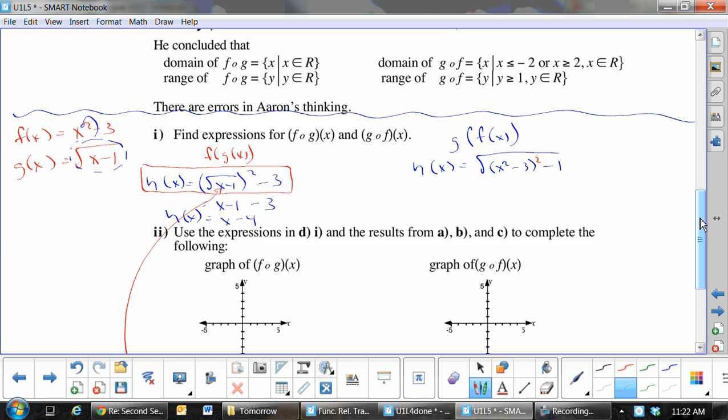And please don't distribute this. Don't make that x to the 4th minus 9 or plus 9. You can't do that. That would be x squared minus 3 times x squared minus 3. But because there is nothing there or nothing here, if there was a 5 there, I'd have to multiply it in. I've actually got free reign just to drop my brackets. And then I would get x squared minus 4.